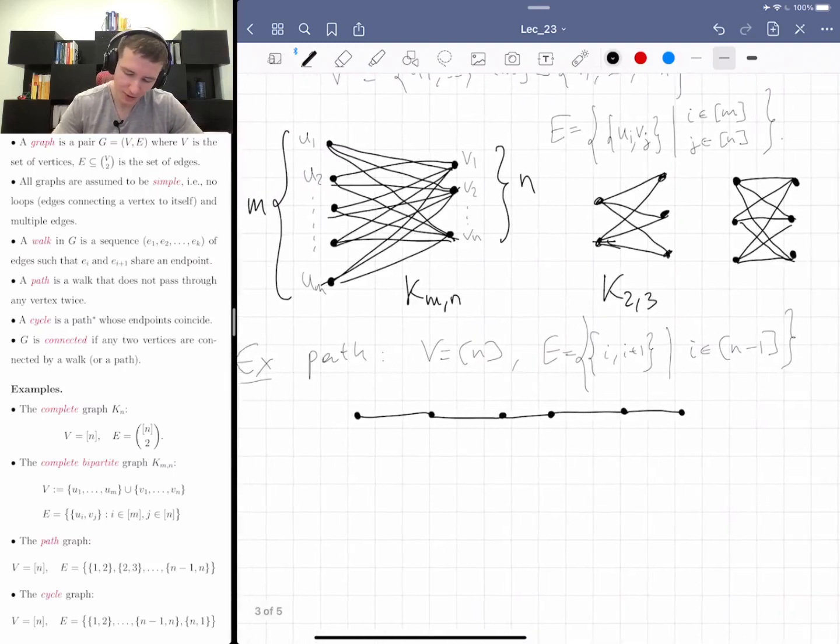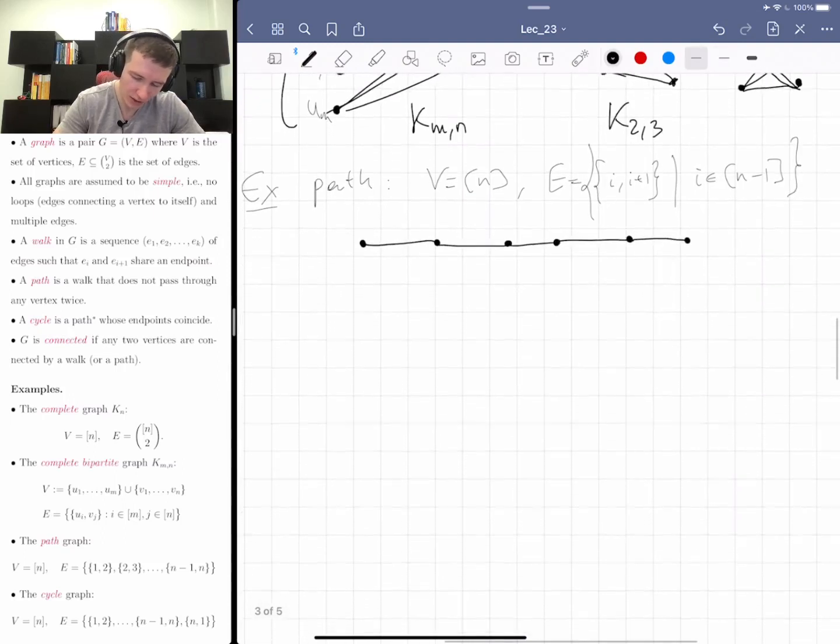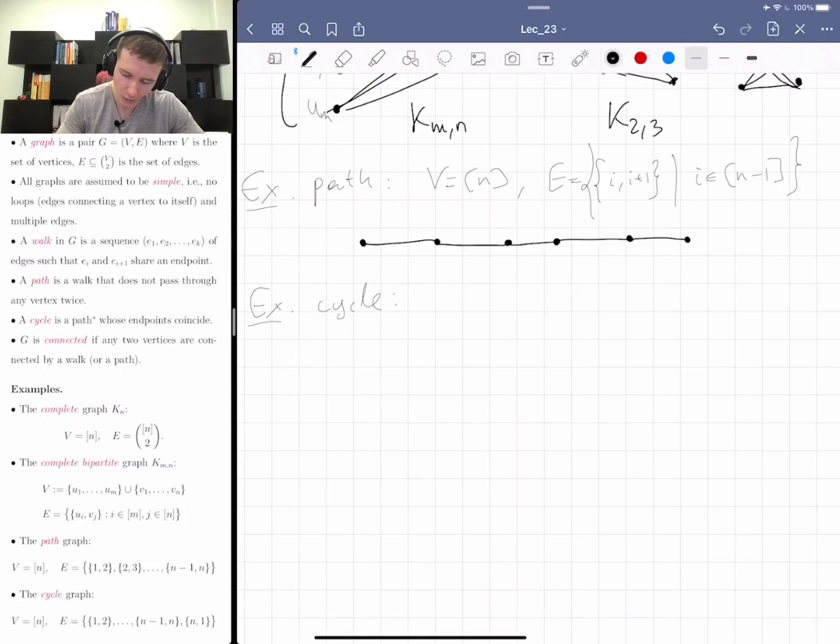All right, so here's the path, and the other one is a cycle, where V is the same bracket n, and E has one more. E is {1,2}, {2,3}, all the way up to {n-1,n}. So that would be a path, but then there is an extra {n,1}.